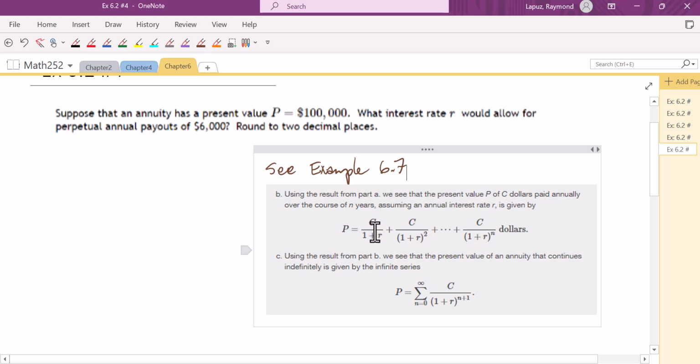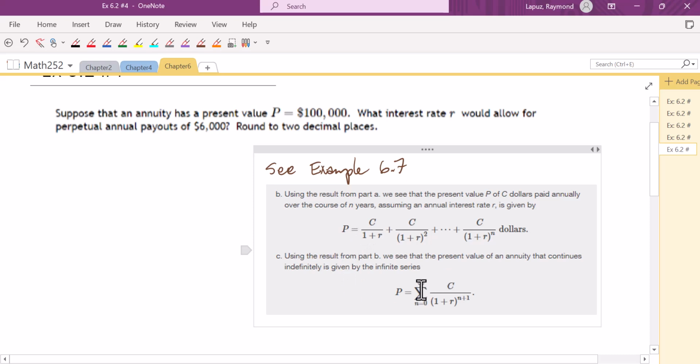P is equal to C over 1 plus R, plus C over 1 plus R squared, plus all the way up to C divided by 1 plus R to the nth power. Now, there's this idea of having perpetual annual payouts.